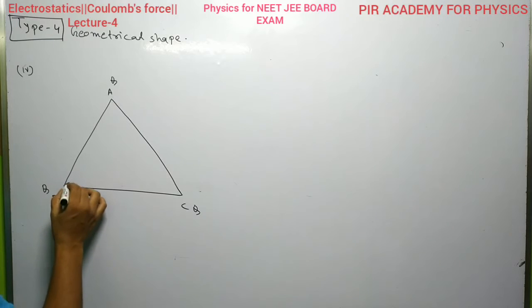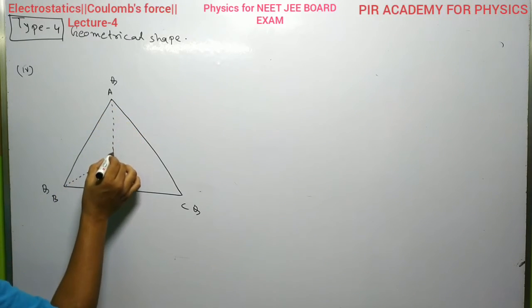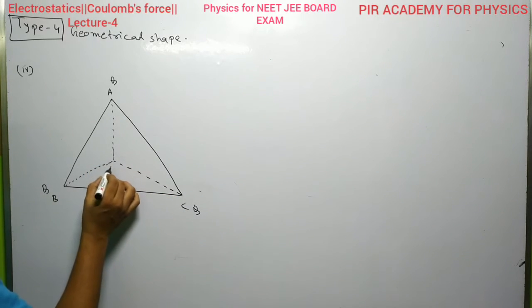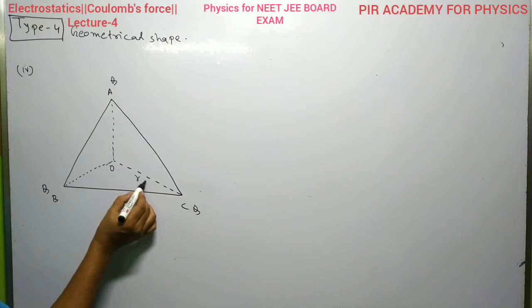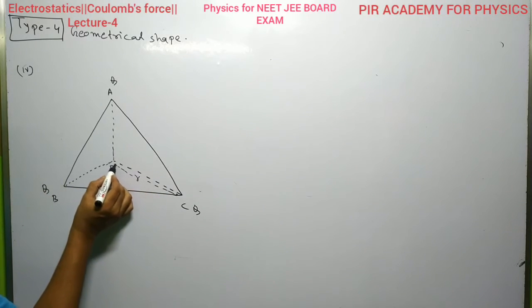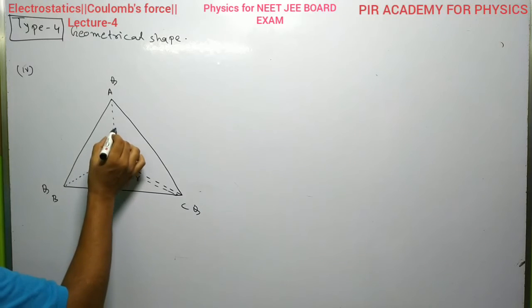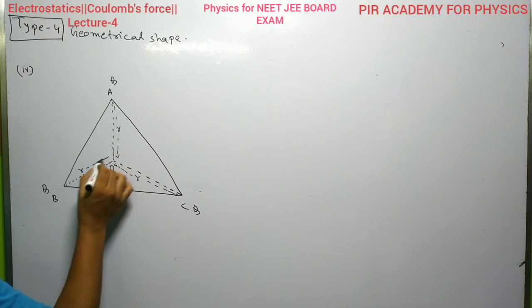If I place another charge at the centroid of this triangle, all the distances between the centroid and the corners of this triangle will be the same. This is R and this is R.